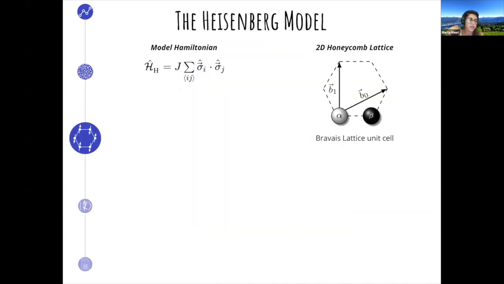And so which model did we study in this project? We just focused on the Heisenberg model. Here you can see the Hamiltonian that we all know, and the lattice that we consider to study this Hamiltonian on is the bidimensional honeycomb lattice. Here you can see the unit cell, the fundamental cell.